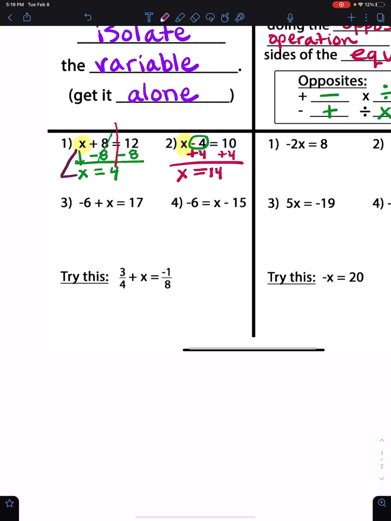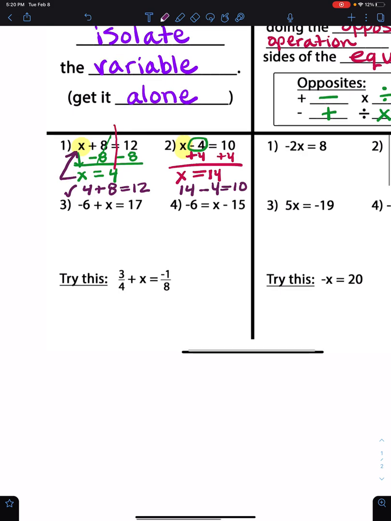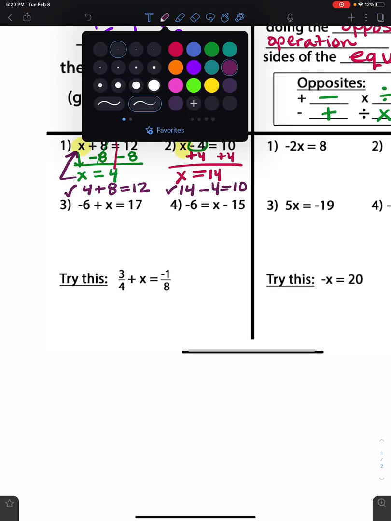I can take 4 and replace x in the original problem with 4, and guess what? 4 plus 8 equals 12. So I checked it and it was right. Over here I can replace the x with 14 and copy the rest of the problem down. 14 minus 4 is 10, so I got it right. So always check, especially on a test.